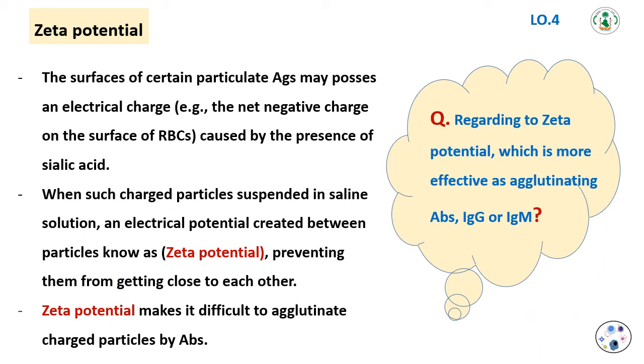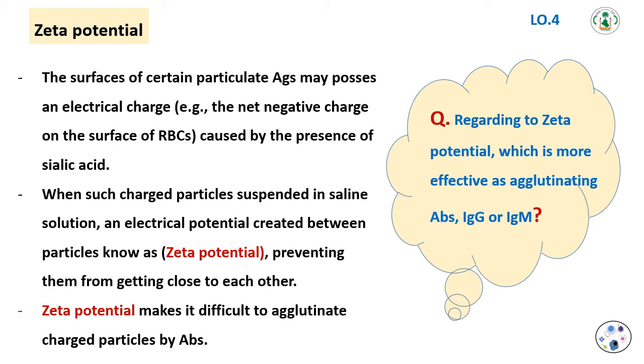Now, zeta potential. Zeta potential occurs when the surfaces of certain particulate antigens possess an electrical charge. For example, the net negative charge on the surface of RBCs is caused by the presence of sialic acid.